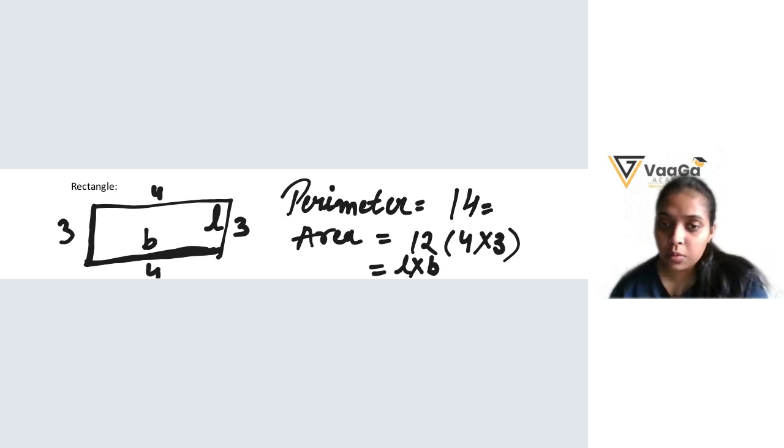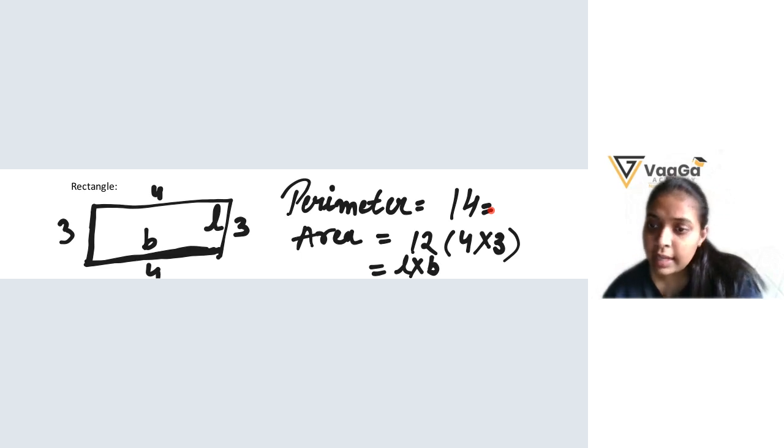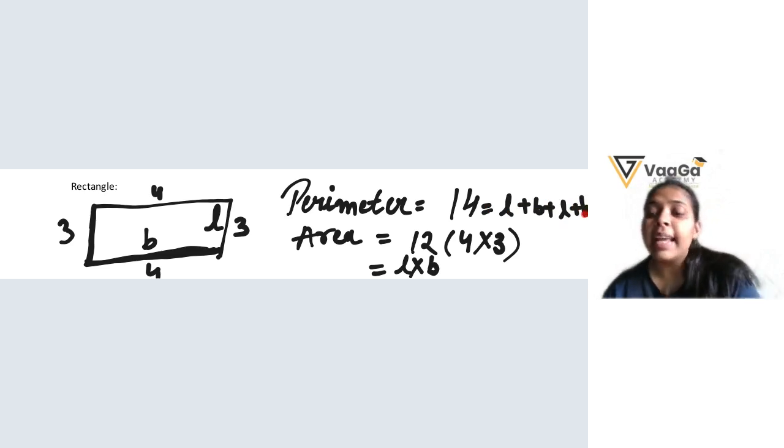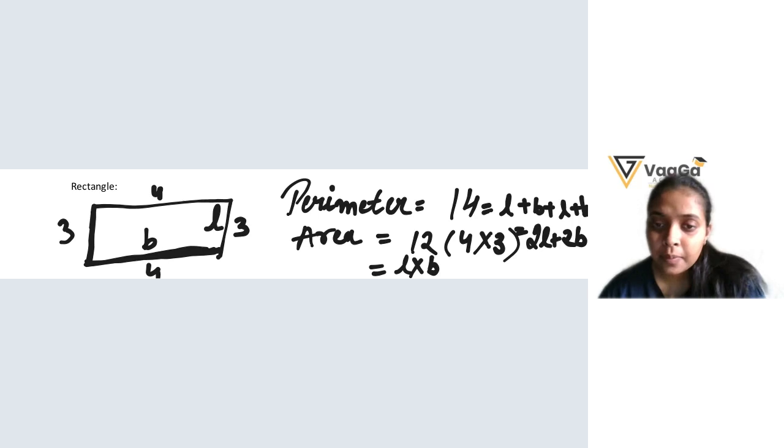Breadth plus length plus breadth plus length. Right. So can I write L plus B plus L plus B? Can I simplify it further? Yes. L multiplied by 2 plus B multiplied by 2. 2L plus 2B, right?